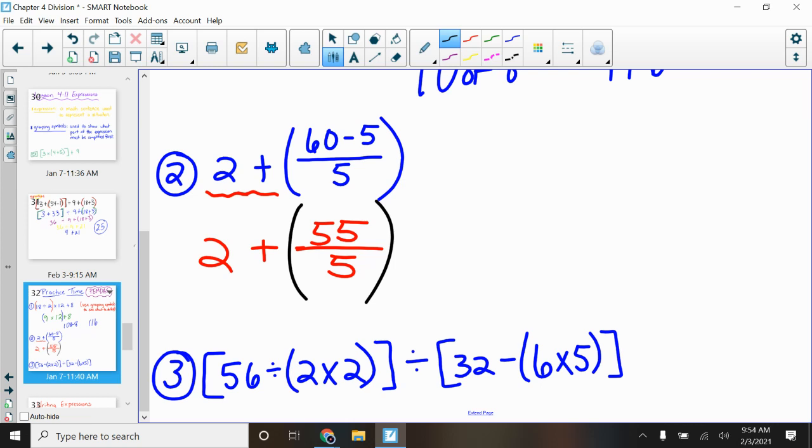Because this is division, and division always happens before addition. Even though the division was way over here, it has to go first. So that's where he figured out, what is 55 divided by 5? 11. His brain, after he processed all of it, said it's 11. And then he brought down his extra stuff. That's where 13 came from. Don't put 2s up there if they don't need to be.